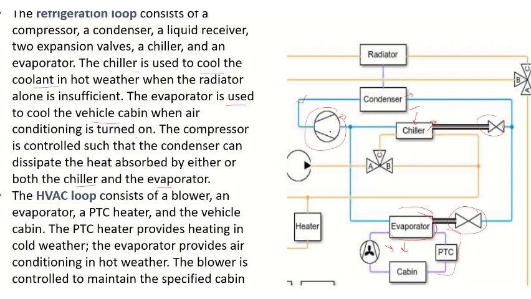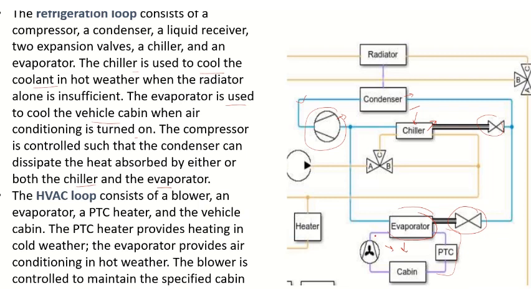So it increases the pressure so that the condenser evaporates and it produces a cooling condition. Now the chiller and evaporator are also involved in producing the cooling.